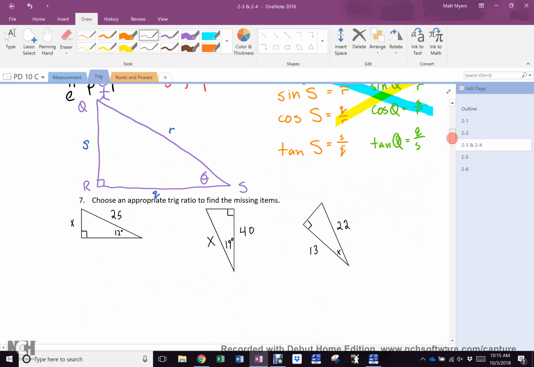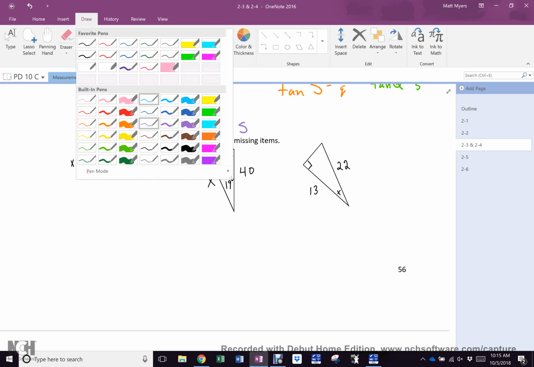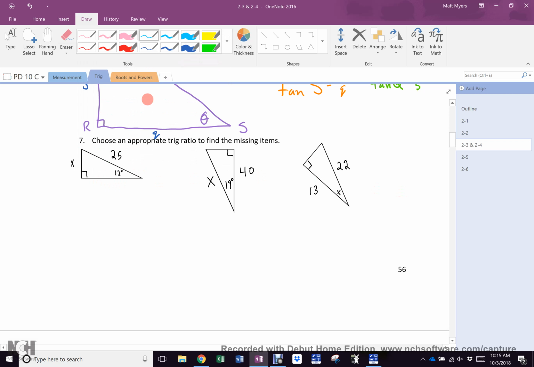All right. Now, let's go ahead and we'll work this one together. Then you're going to do these two by yourself. Remember, you have a method to do every trig question. Do you have a theta? What is it? 12. Which means this is the angle that you care about. Which means this is where we view our opposites and adjacents from.